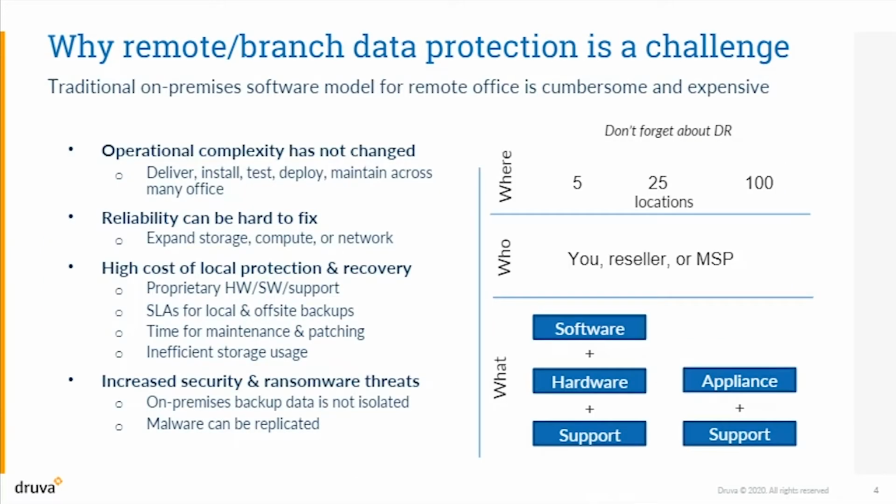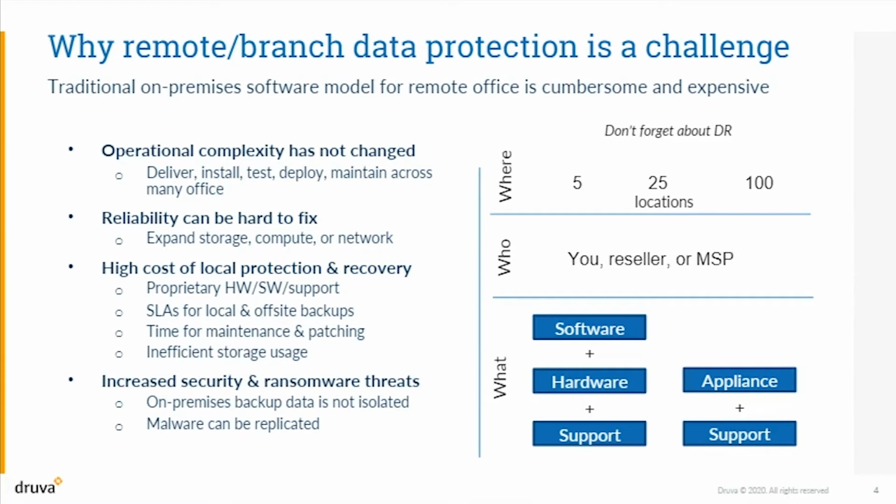So let's look more specifically, beyond the landscape, if you will, and the top level problems. What are the actual challenges as they relate to data protection? The first is really that the operational complexity hasn't changed in the last 5 to 10 years. We'll talk about why that is in more detail.